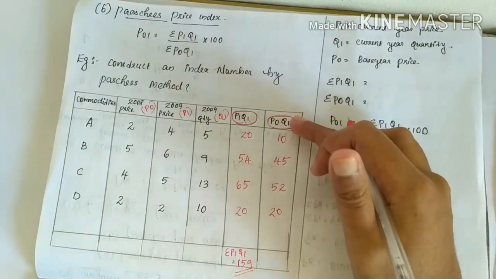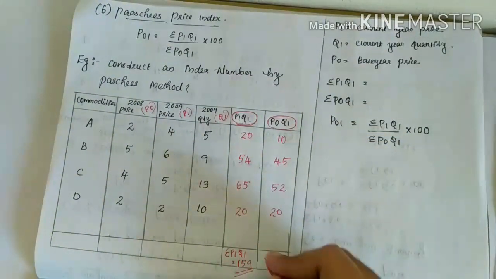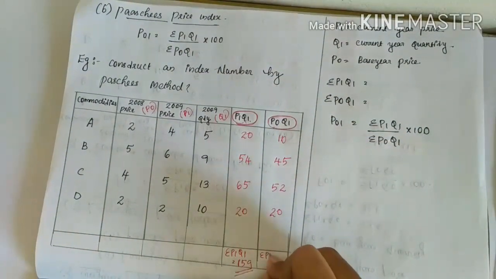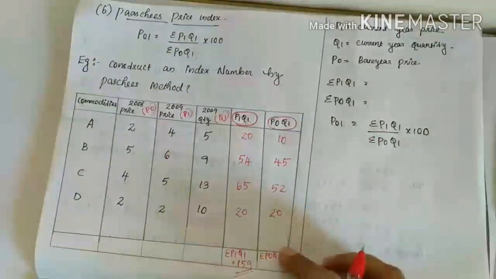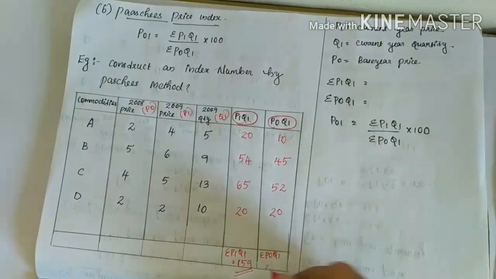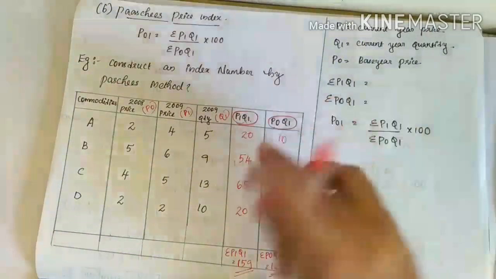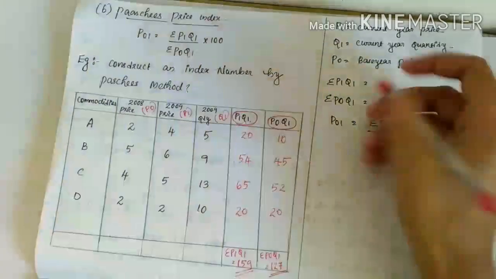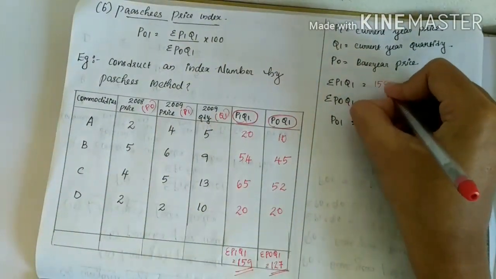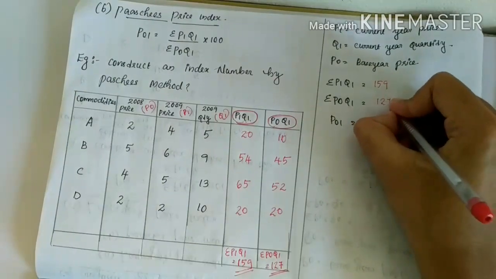After finding P0 Q1, find sigma P0 Q1, that is the total of the column: 10 plus 45 plus 52 plus 20. The answer is 127. So sigma P1 Q1 is 159 and sigma P0 Q1 is 127.